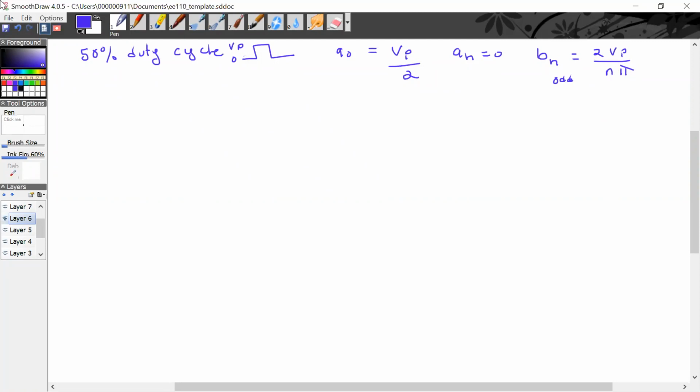Okay. So again, now we're going to get xt equals VP divided by 2, right? N equals 1, that is odd. So we're going to get plus 2VP divided by pi sine.